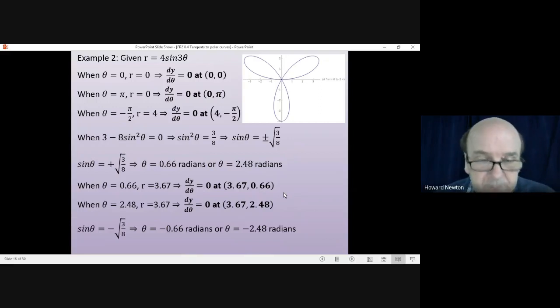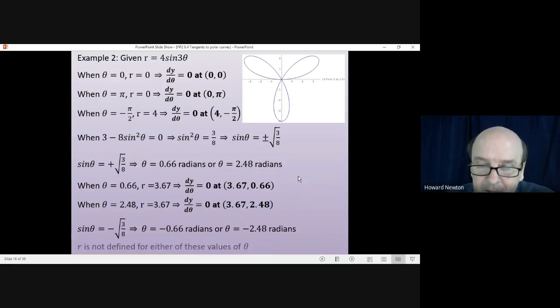When sine theta equals minus the square root of 3 over 8, theta either equals minus 0.66 radians or minus 2.48 radians, and both of those are in the region which is undefined. The first in this region here for minus 0.66 radians, the second in the region over here for minus 2.48 radians.